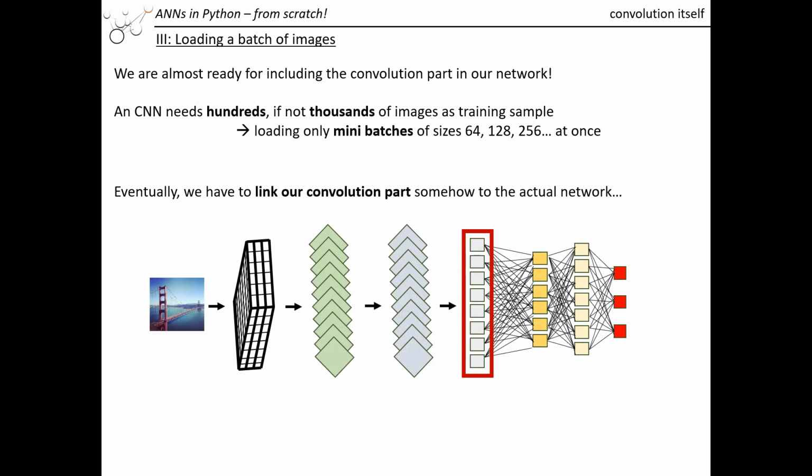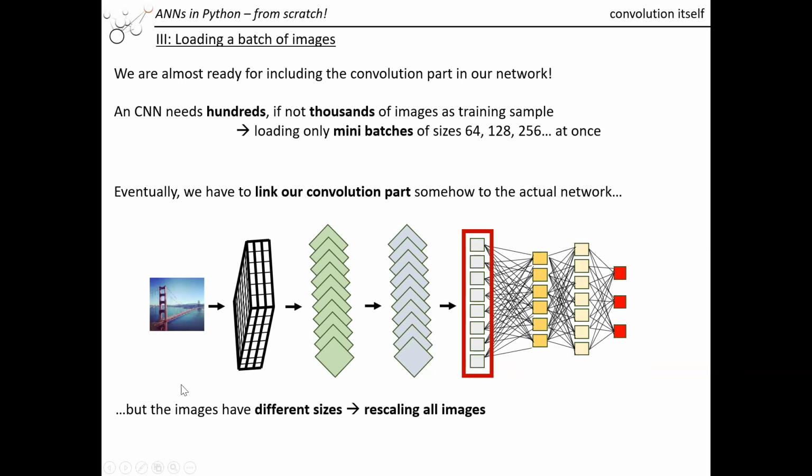And then we still have to find a way how to feed this information into our actual network. Also we have to take into account that all those images have different sizes, but the network has one particular size.